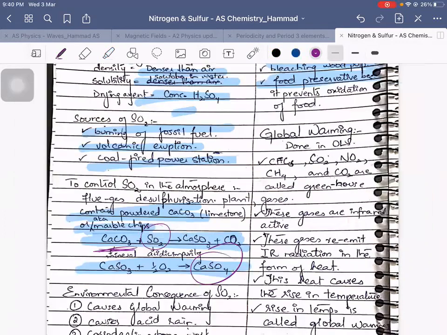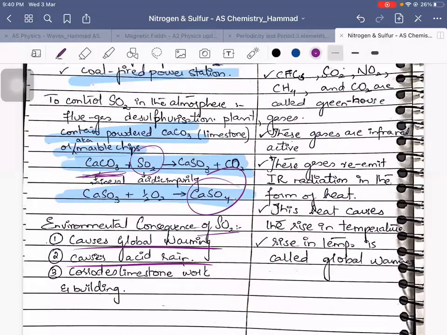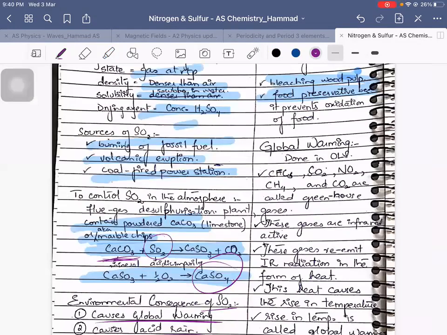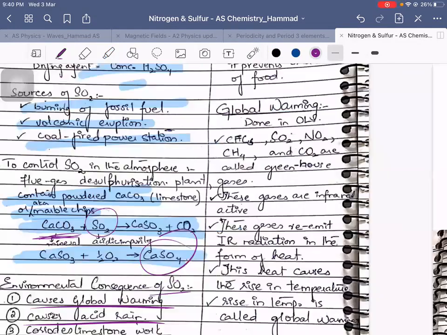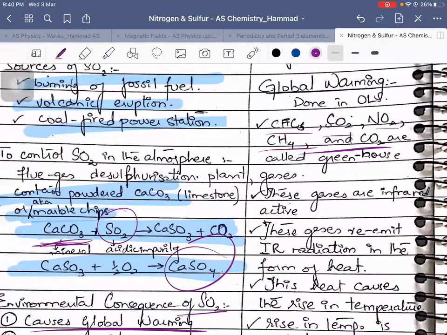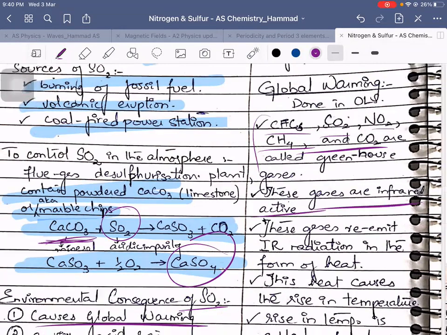Environmental consequences of SO2, it causes global warming, acidic rain, and corrodes limestone building. Global warming is because of CFCs, SO2, NO2, and carbon dioxide. All these greenhouse gases would cause global warming because they trap infrared radiation and then re-emit it at a later time.